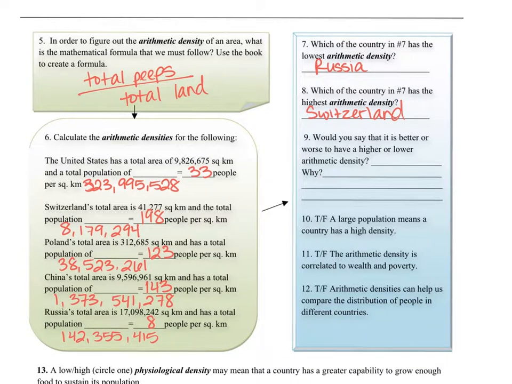Okay, so let me know. Would you say it's better or worse to have a higher or lower arithmetic density? Which would you rather have? Why lower? More space. But besides space, what else would you have more of? More land. Well, that's space. Well, we're close.